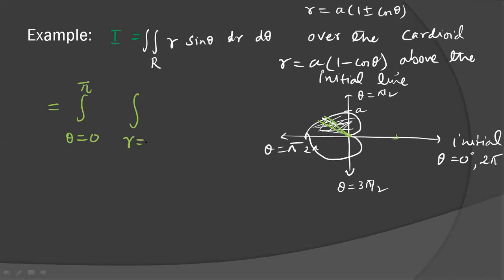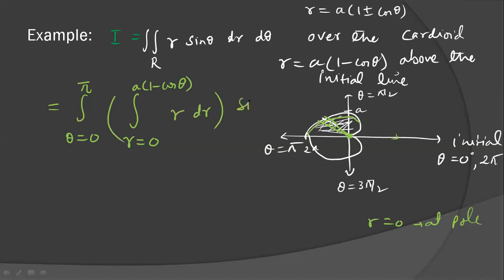R is from 0, because r starts from the pole, and it goes up to the curve, a(1 minus cos theta). The upper value of r comes from the given curve. So we integrate with respect to r first, dr sine theta d theta.